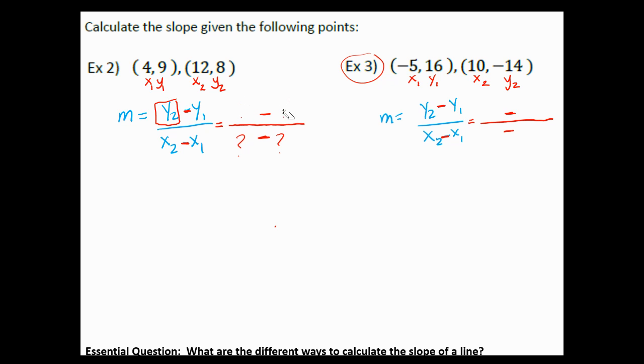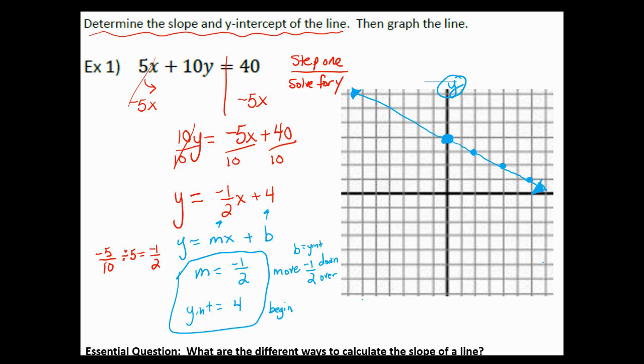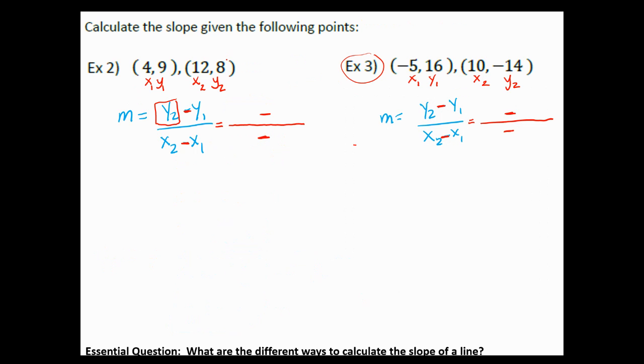So I'm going to erase my question marks with little dots there. Okay, so you put the Y2 number first, so that would be the number 8. And then you're going to put the Y1 number, which would be a 9. On the bottom, you're going to put the X sub 2 number, which is a 12.